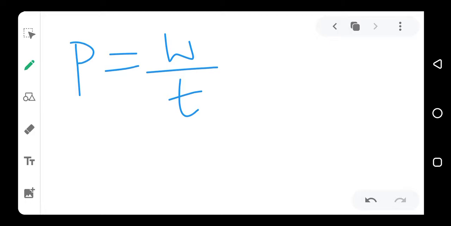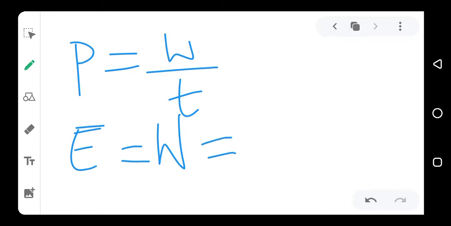Now this means that energy is equal to work. It's the same thing as work. When we are talking about energy, we are also talking about work. And for work, the formula is from this one. If you want to make work the subject of the formula, we have that W is equal to PT.